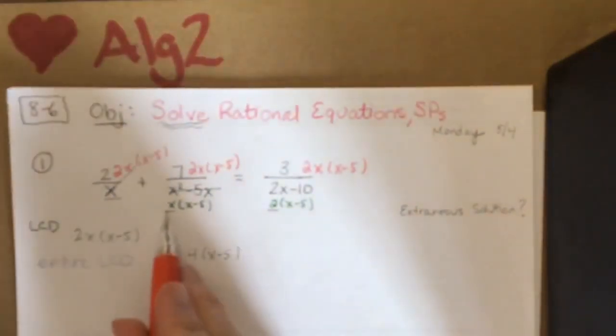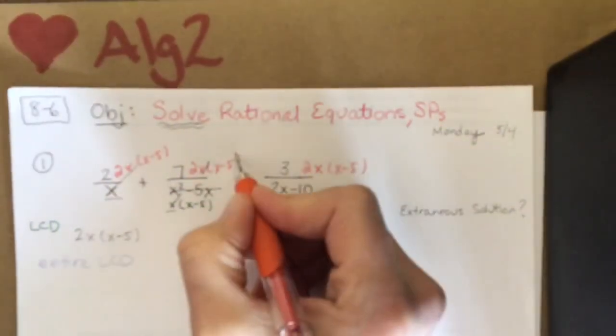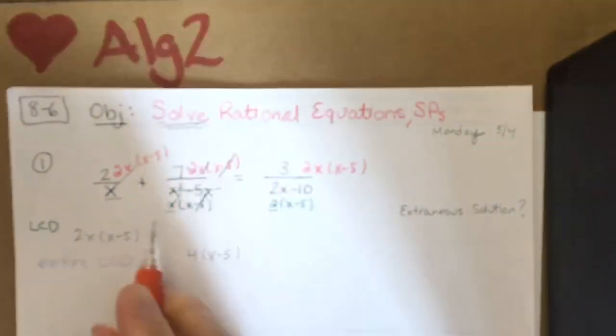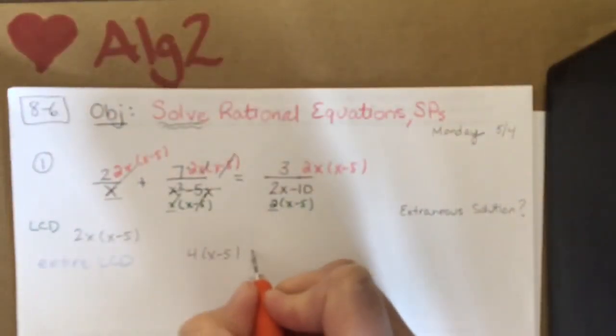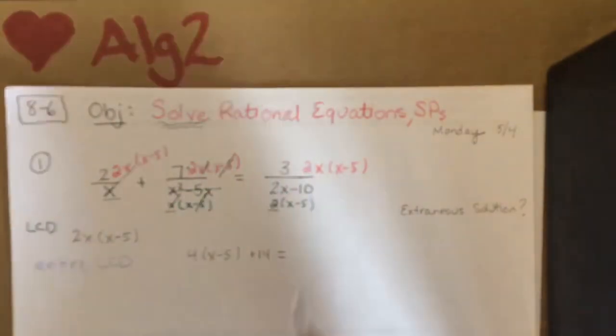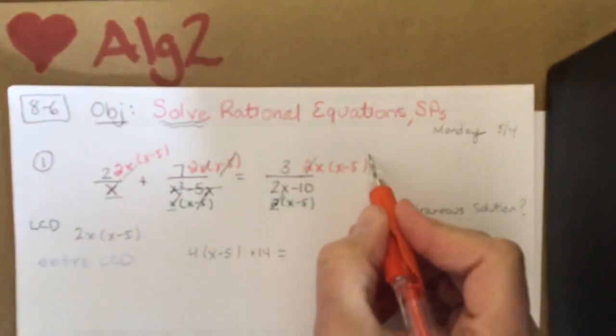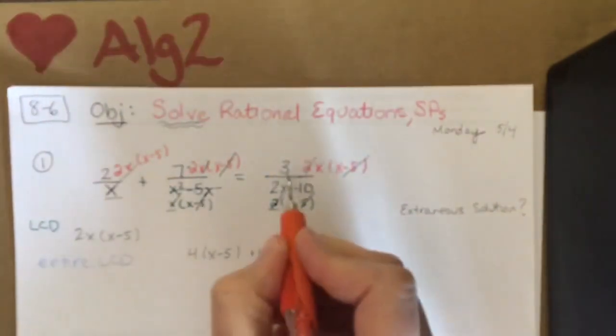Then what cancels on the second fraction? Looks like x's and x minus 5. So I'm left with 7 times 2, 14 equals. On the other side, the 2's cancel and x minus 5, so you're left with 3x.